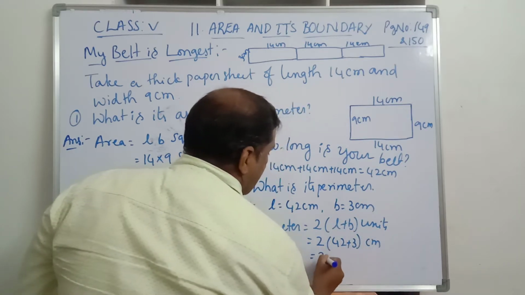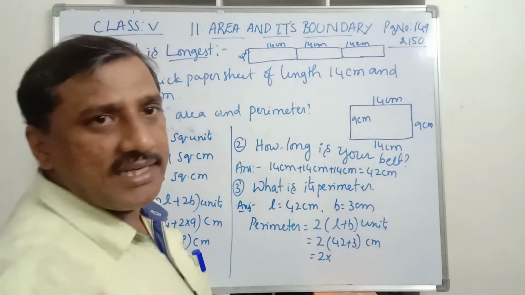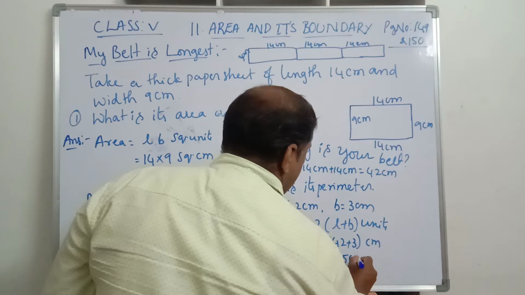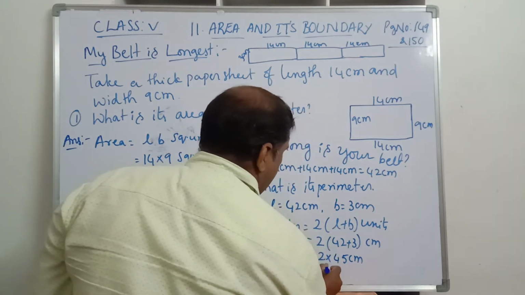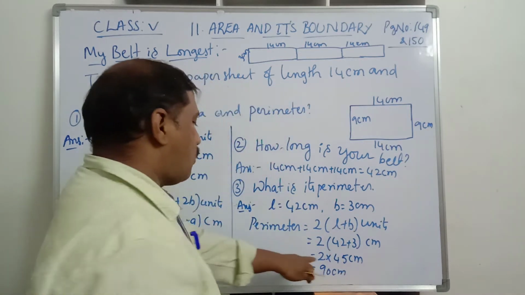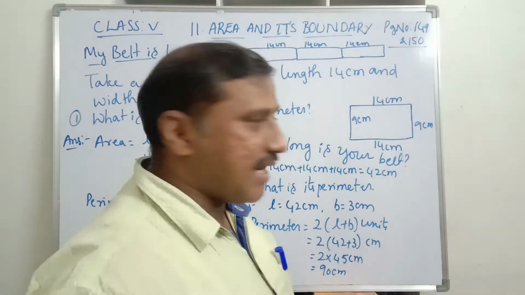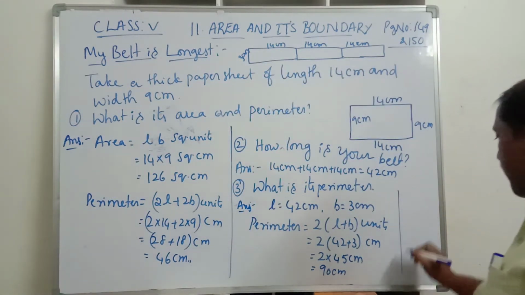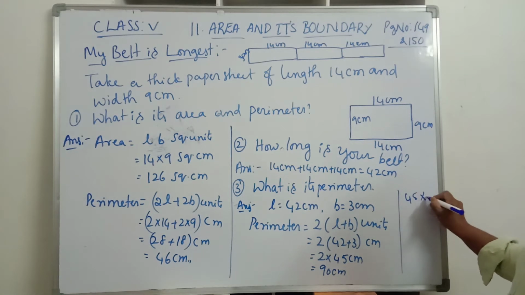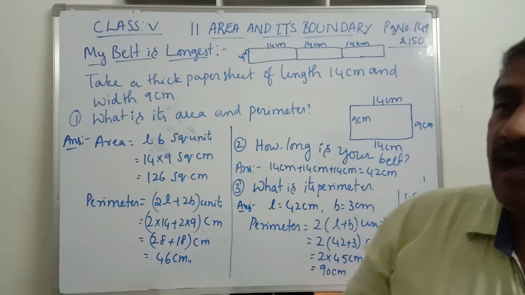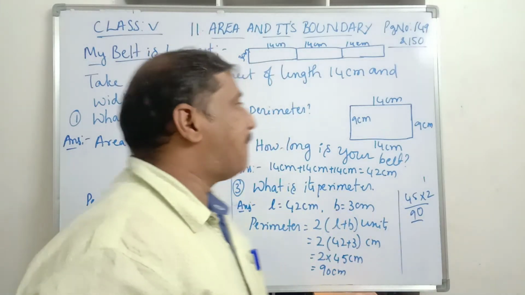Now add inside: 42 plus 3 is 45. 2 into 45 centimeters. 45 into 2 is 90 centimeters. 2 5s are 10, 1 carrying, 2 4s are 8 plus 1 is 9. 90 centimeters is the perimeter of that belt.